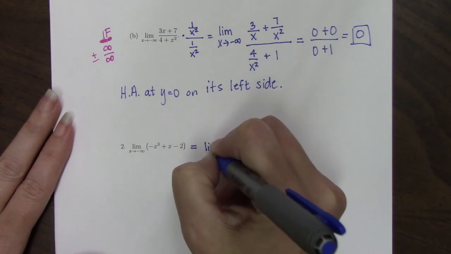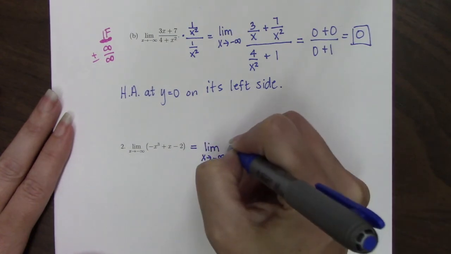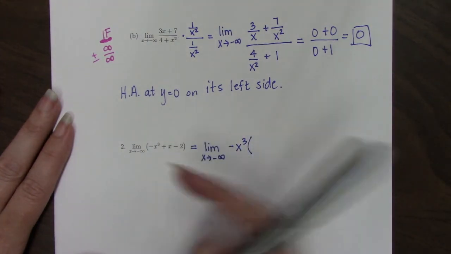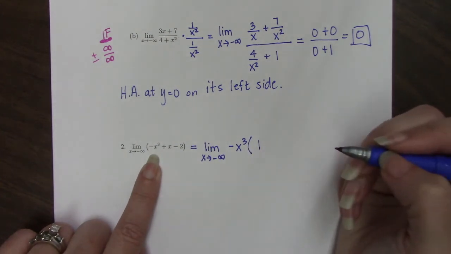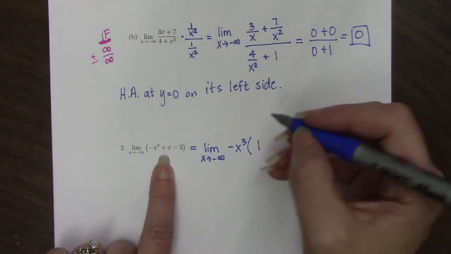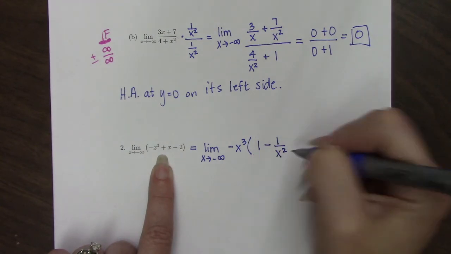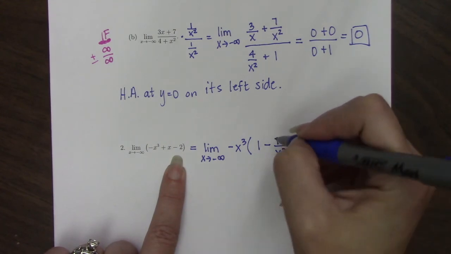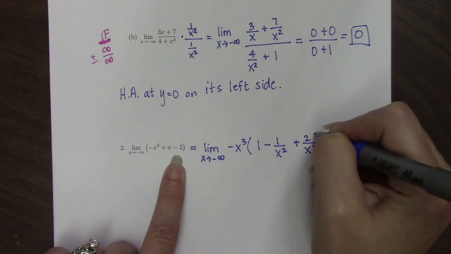So I'm going to write this as the limit as x goes to negative infinity, and I'm going to pull a negative x cubed out front. This just leaves me with 1. When I pull an x cubed out of this, I get negative 1 over x squared, and here I get positive 2 over x cubed.